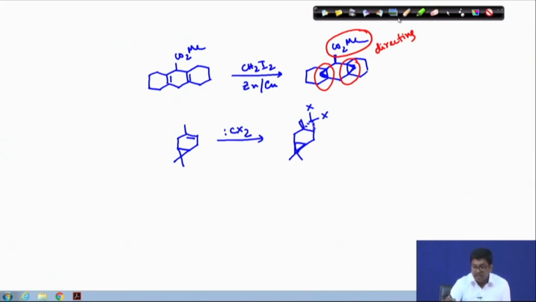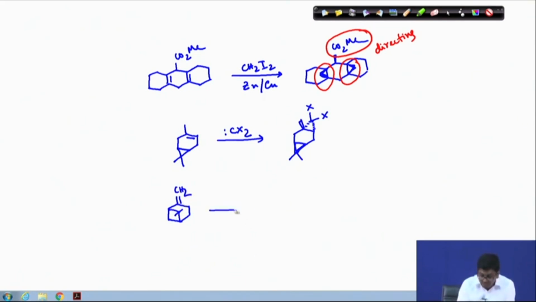Next, we will see another example where we have the olefin as an exocyclic olefin like this. Okay. So, we have this exocyclic olefin.